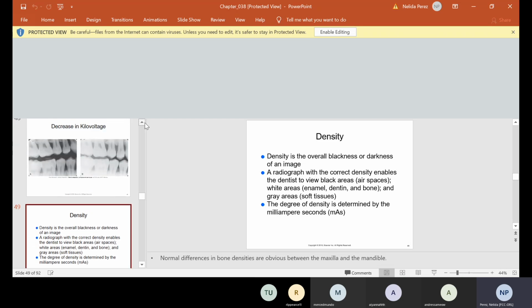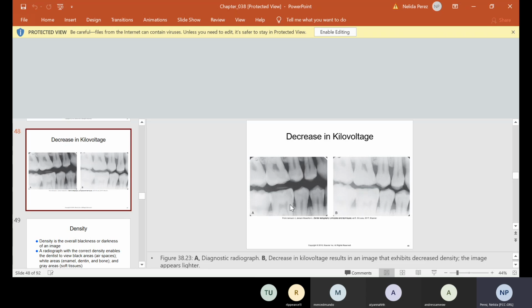Let's come back to one of these here. So here's your soft tissue down here. Up here is your enamel. Here's your nerve. I like this because you can really see the molar nerve here, okay? The pulp chamber. Here's on the premolars, okay? But if I wanted to show you on the B, I couldn't show it to you because it's too light.